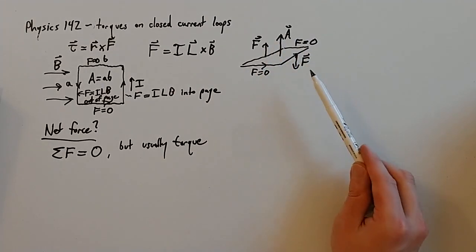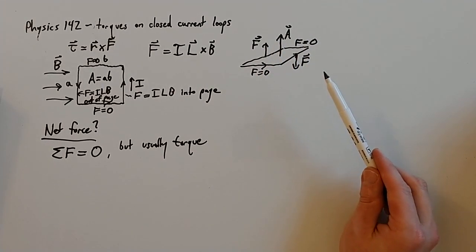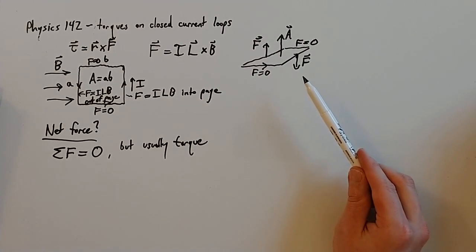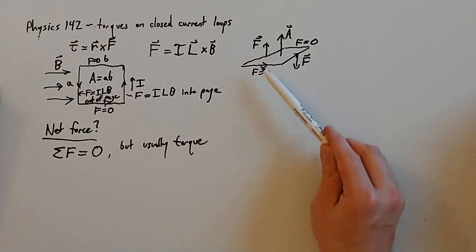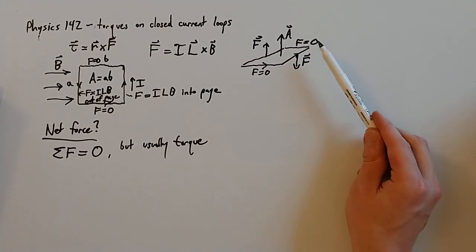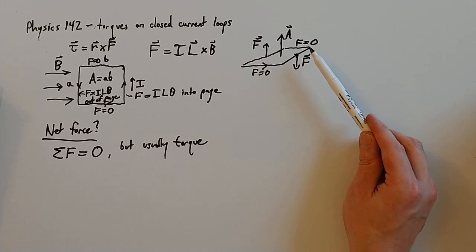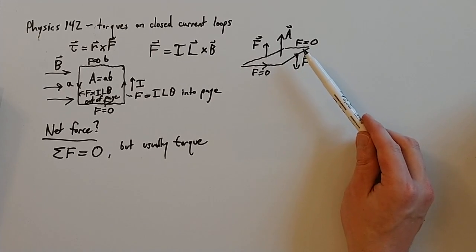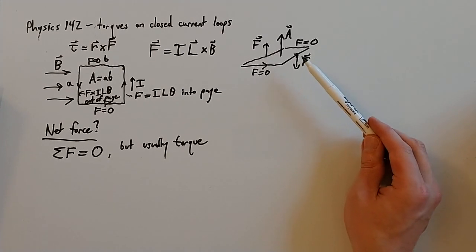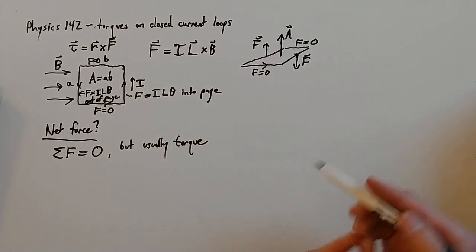And that will be useful in just a second, because what I want to try to argue to you is that the torque on this current loop ends up depending on that area, on the amount of current, and on the magnetic field. As a matter of fact, the formula for torque ends up being the following.